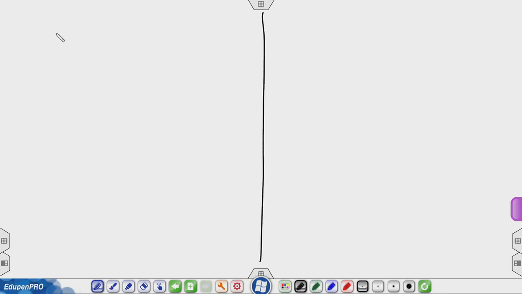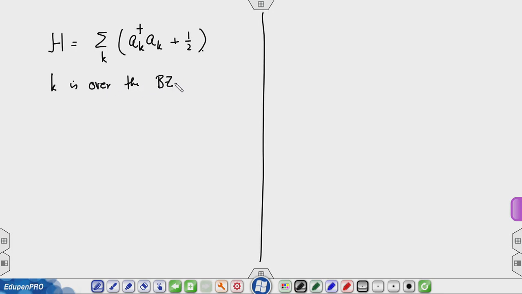Then you can write this Hamiltonian as summation over k of h cross omega_k (a_k dagger a_k plus a half), where k is over the Brillouin zone, and this defines the phonon states in number space.